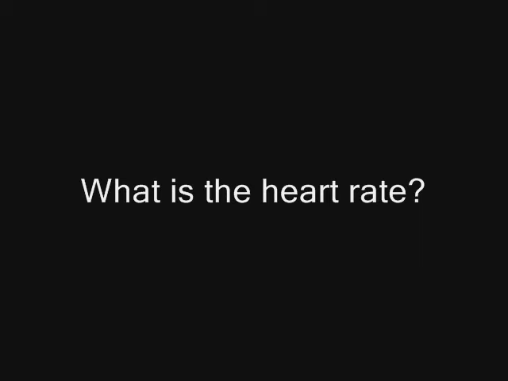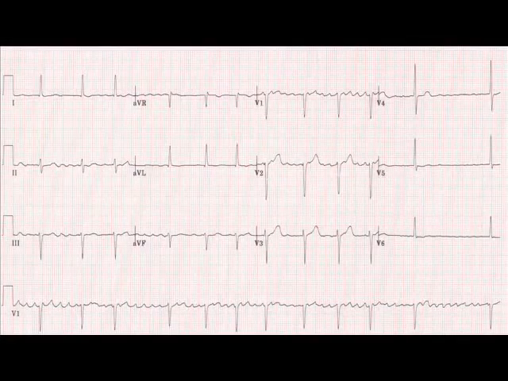But if it's regular, count the number of large squares or part of between one R wave and the next R wave, or the same point on 2 adjacent complexes, and divide that figure into 300, even if it's a part of a large square. So it might be 4 large squares or 5 large squares, or it might be 4.5 or 2.2, whatever. Divide it into 300.